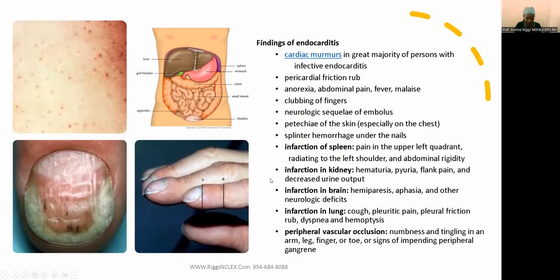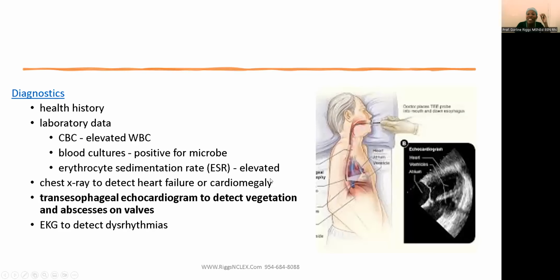A couple of test questions. There is a specific diagnostic test that is done with endocarditis. In addition to the history, the CBC, the cultures, the ESR, we're also going to do a transesophageal echocardiogram. Why?